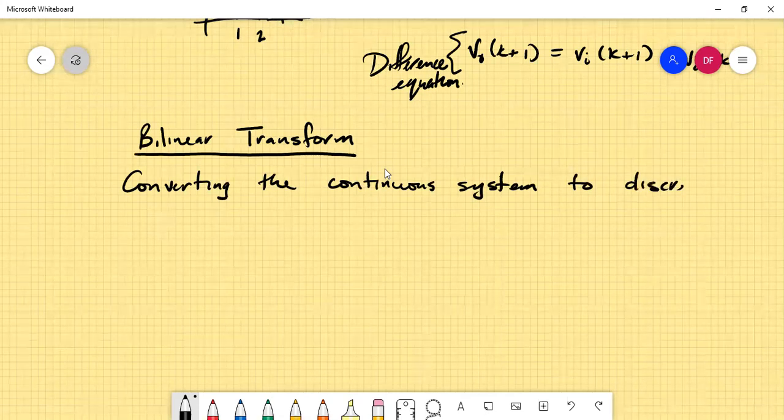So the bilinear transform converts the continuous system to discrete and vice versa. So it is converting a linear system to the discrete and converting the discrete system back to the linear.